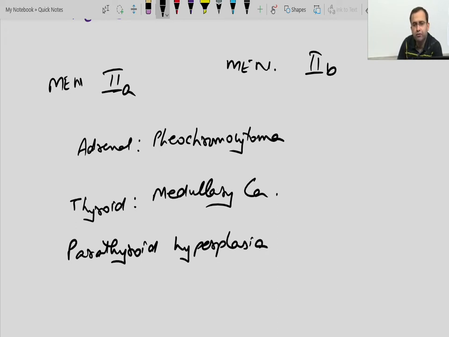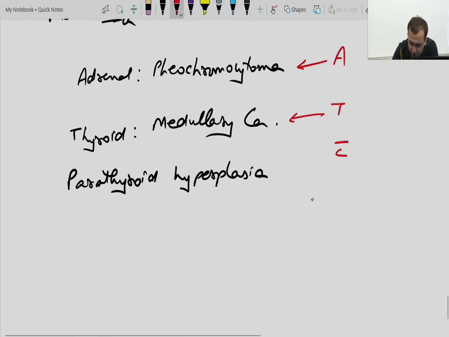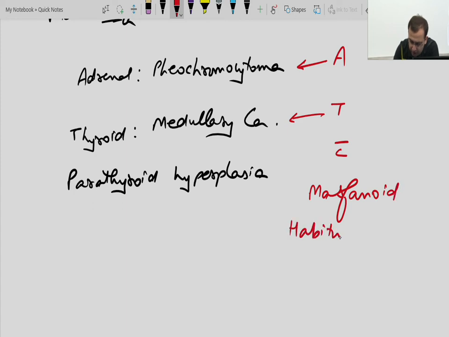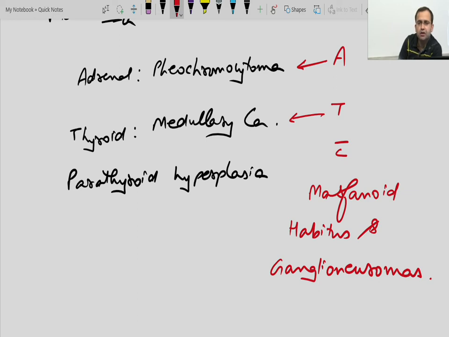MEN2B has the organs AT: adrenal pheochromocytoma and thyroid medullary carcinoma, with Marfanoid habitus and ganglioneuromas.